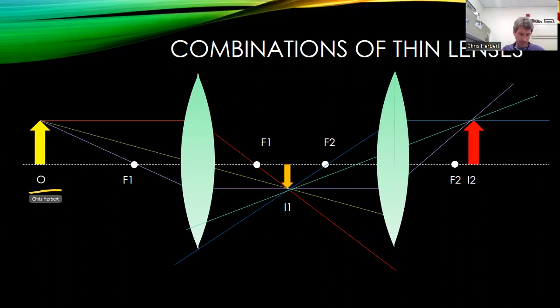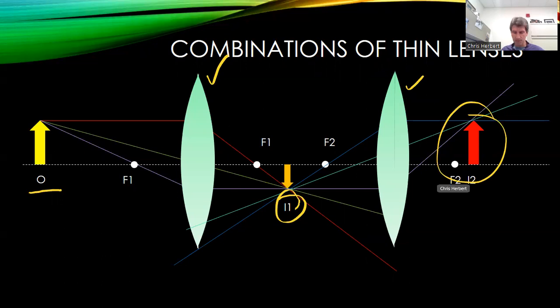Your object forms its first image due to this lens right here. Then that image is treated just like it was an object. Focus that due to the second lens, and that produces a new image. We'll call that image 2, and that is essentially the final image that I'm going to see.